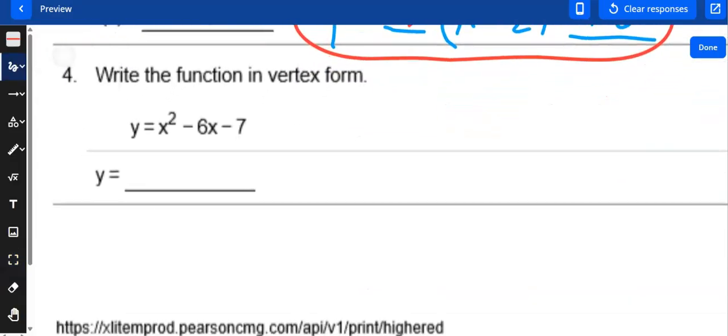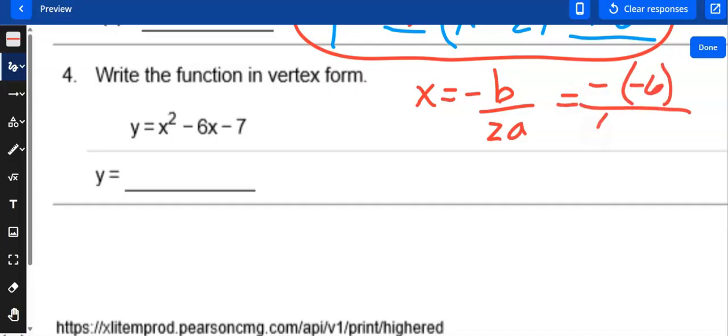All right, write this function in vertex form. I remember teaching you the opposite of b over 2a as your shortcut for finding the first part of the vertex, which in this case would be the opposite of -6 over 2 times 1, which I believe is 3.